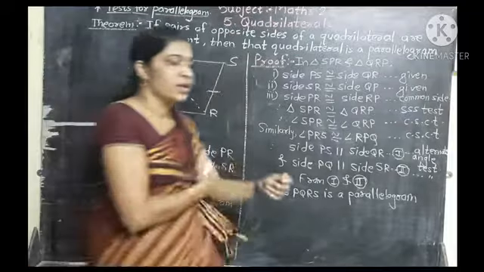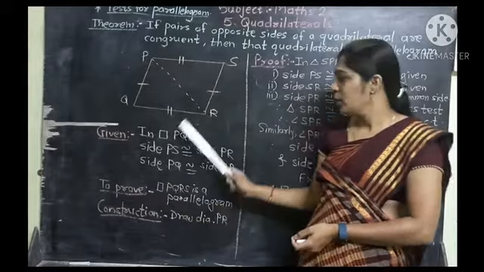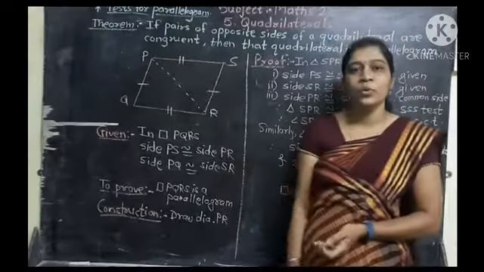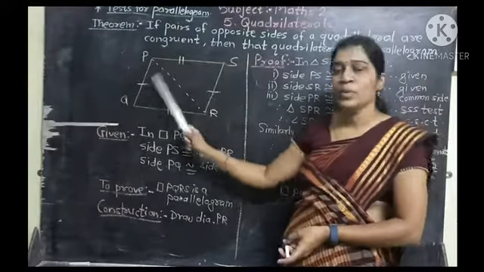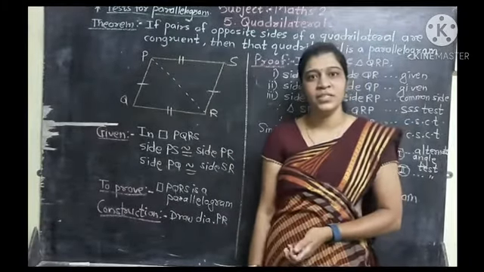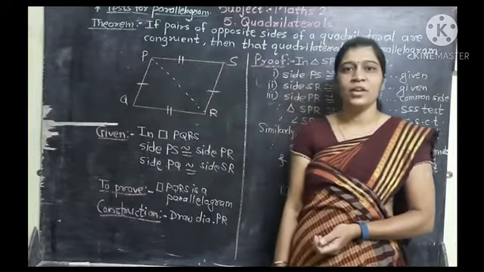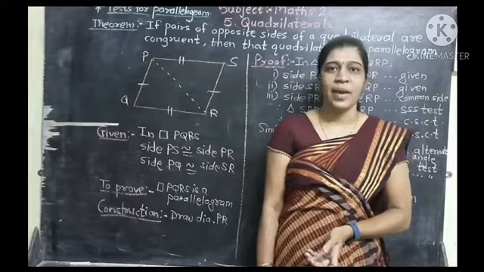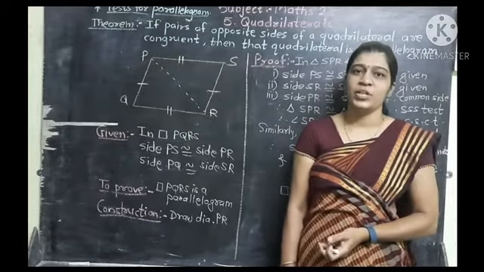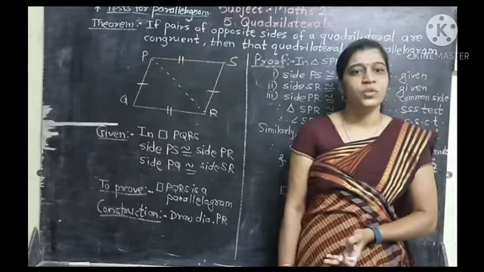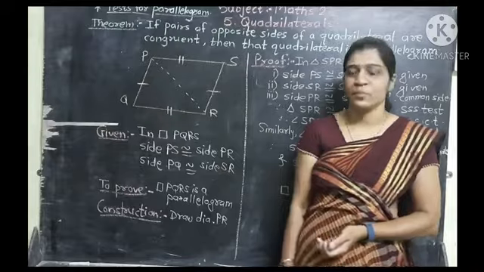To prove it is a parallelogram, we know the definition of parallelogram. What is the definition? Opposite sides are parallel, and opposite sides are congruent, or opposite angles are congruent. So we must take one condition to prove it is a parallelogram.